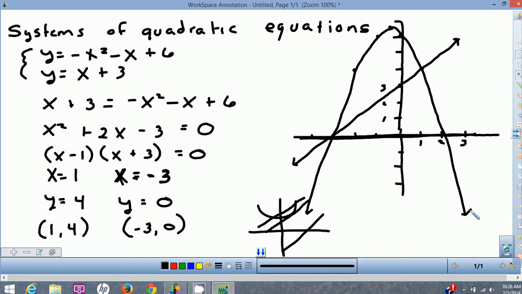So what am I looking for? I'm looking for the points of intersection. Well, I have a point right here, and I have a point right here. This point of intersection is this 1, 4 that I found down here with x minus 1 is equal to 0. And this negative 3, 0 point of intersection is the point I found with the other x value.